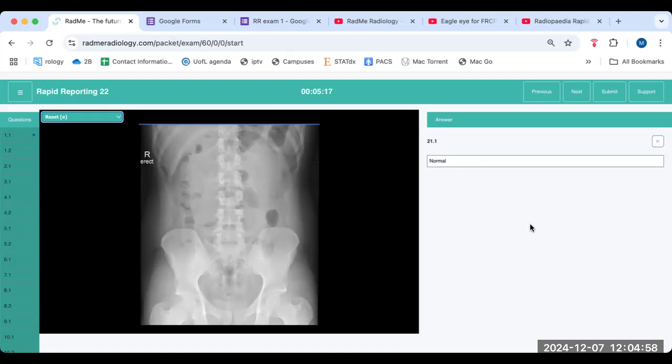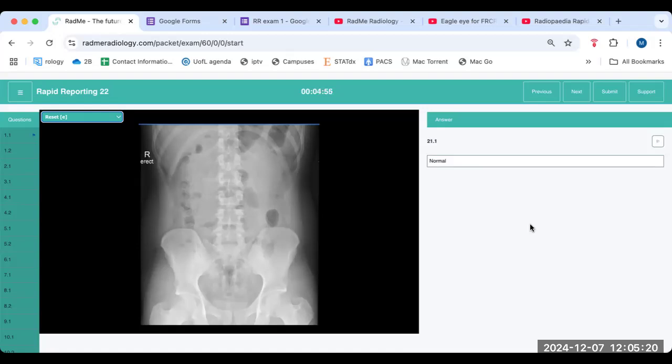Put only the most abnormal things or the most clear abnormalities, and then go through the rest of the images with a little bit of zooming, a little bit of windowing, and always stick to the signs.